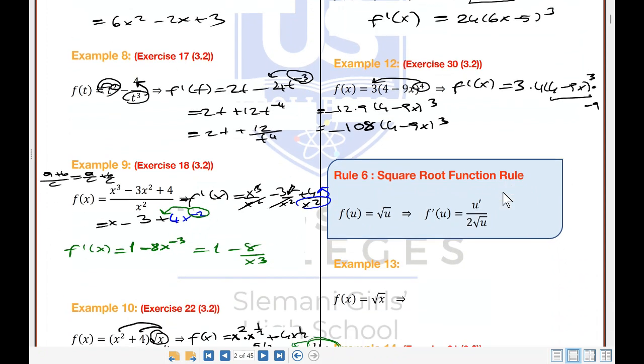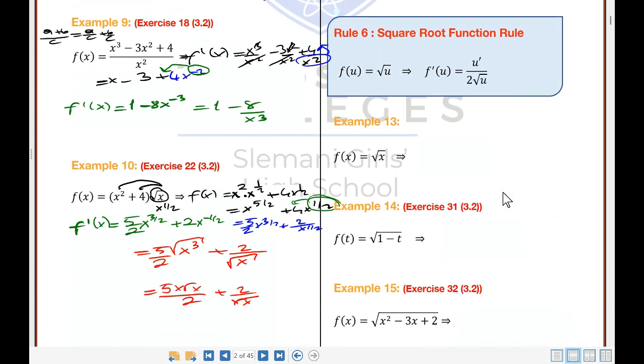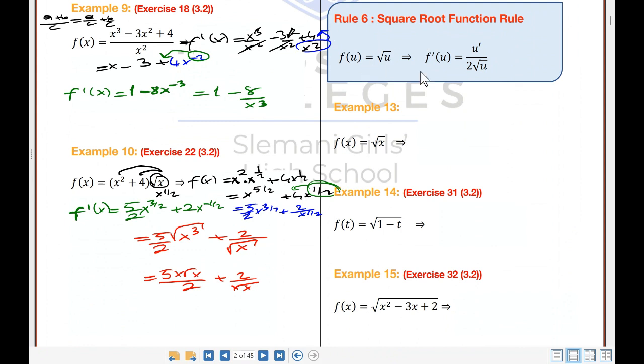Okay, let's move on with the square root function rule. What's the derivative of a square root? In the previous questions, we rewrote the square root as a fractional exponent. It's equivalent to 1 over 2, right? That is a way we can apply this.